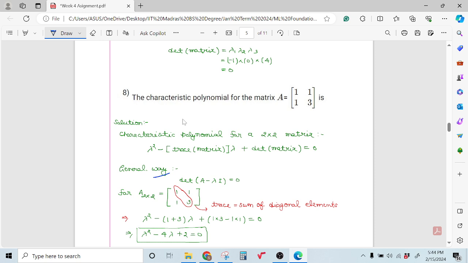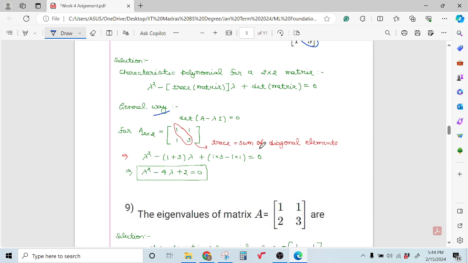For a 2 cross 2 matrix, the characteristic polynomial will be lambda square minus trace of a matrix times lambda plus determinant of matrix. The trace is the sum of the diagonal elements. So the trace is equal to 3 plus 1 is equal to 4.